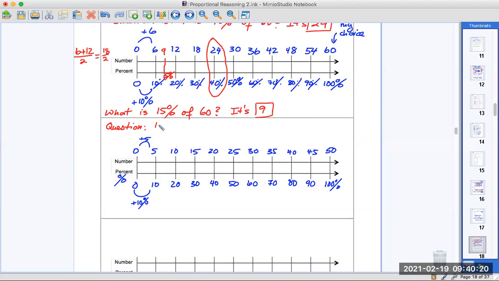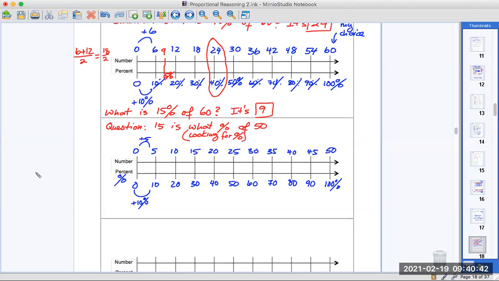This time it's different. 15 is what percent? Oh, we're looking for percent of 50. 15 is what percent? We're looking for percent. So the answer should be percent.